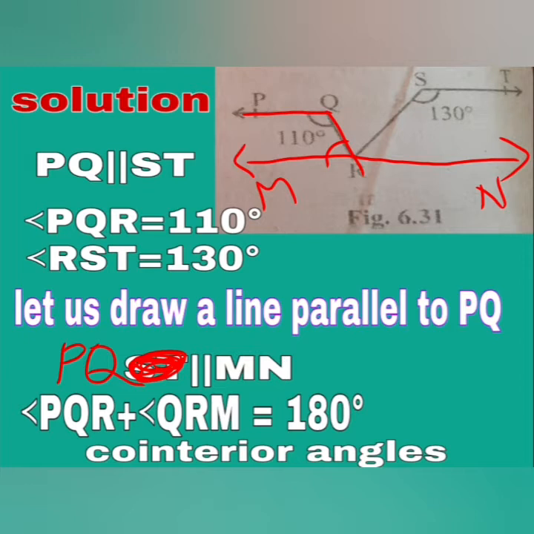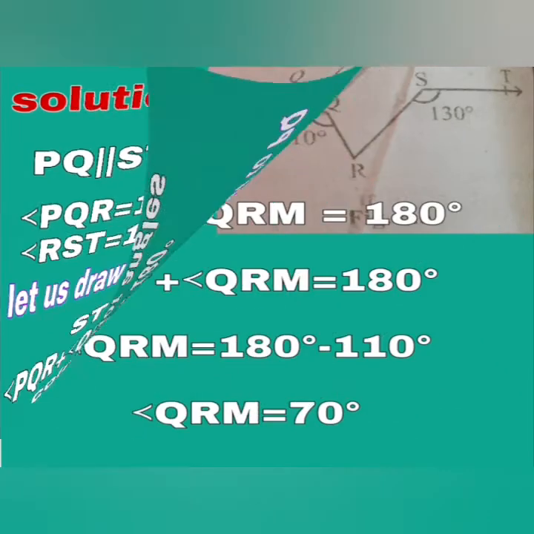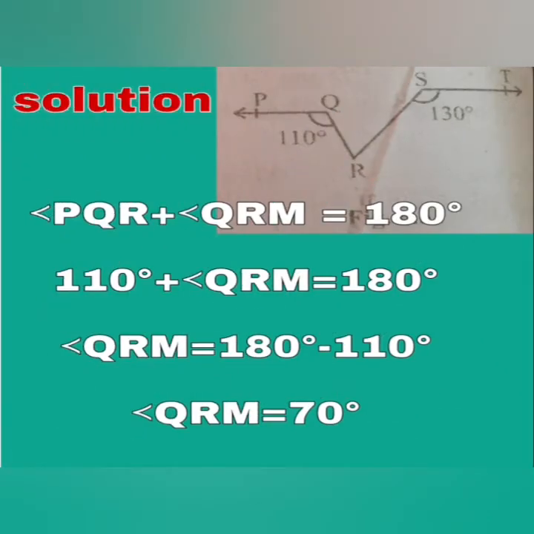These two angles are co-interior angles, and as we already discussed, the sum of co-interior angles is 180 degrees. So PQR plus QRM is equal to 180.